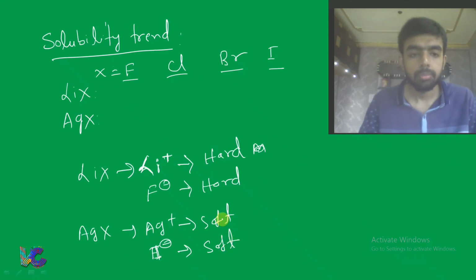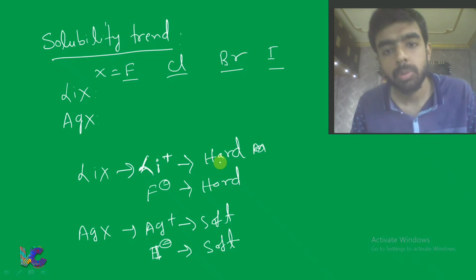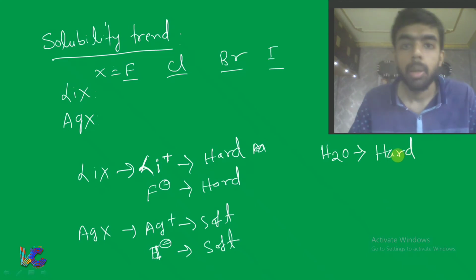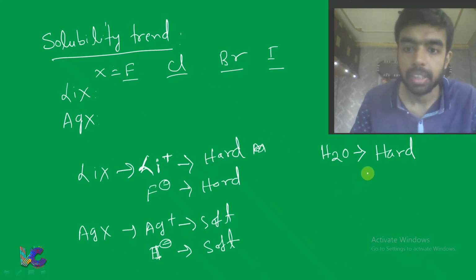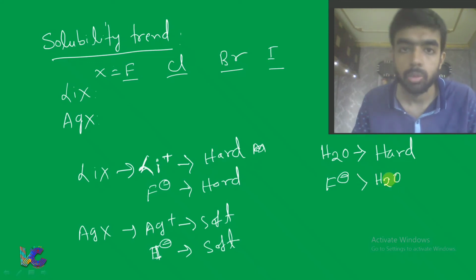Okay, now when we are talking about solubility, we are talking about solubility in water. Now water is also a hard ligand, but water H2O is not that hard as F-. So if you see the hardness pattern, F- is greater than H2O.